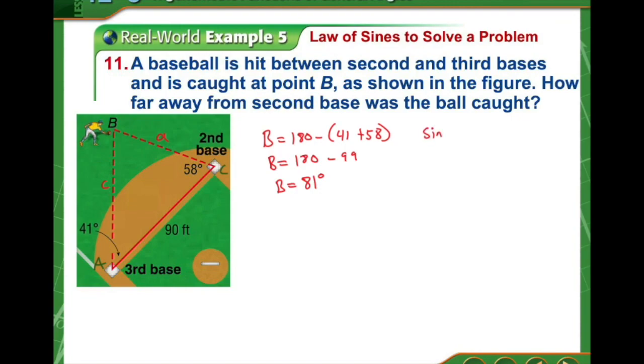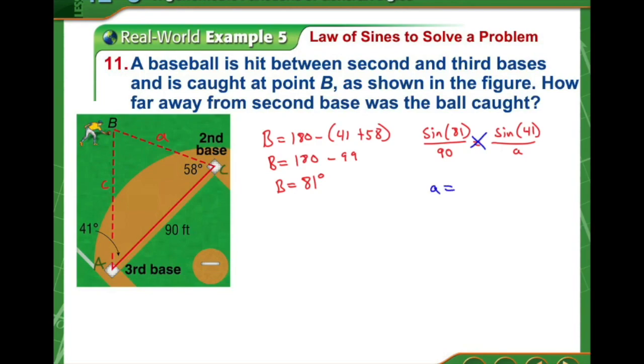So sine of angle B, we just got, is 81, over side B, which is 90, equal to sine of angle A, which is 41, over side A. I'm going to cross multiply. And again, I'm going to skip some steps here, save some time.